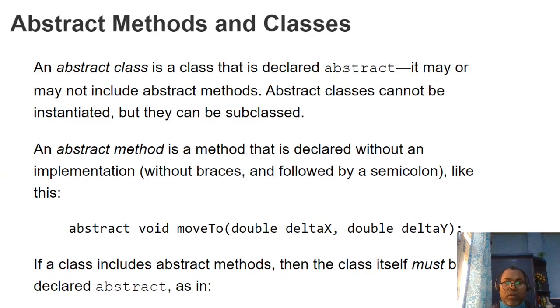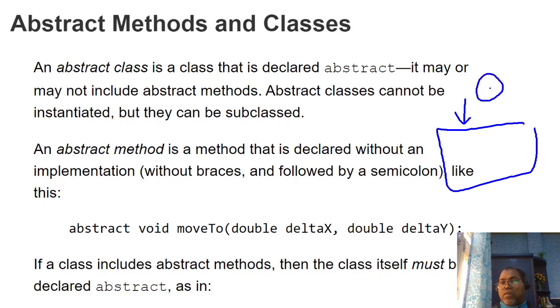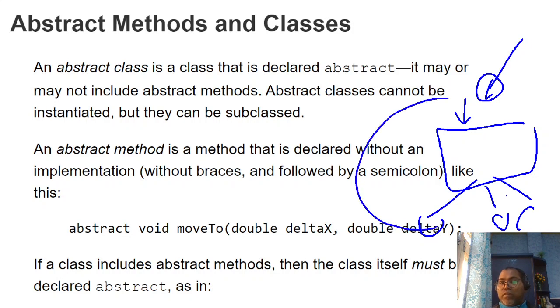So this is the rule of abstract methods. A class can be abstract directly. That means you don't want anyone to create an object of this class, but all the subclasses, there can be multiple subclasses, can have their objects assigned to these references. And if you want, you can also write an abstract method.